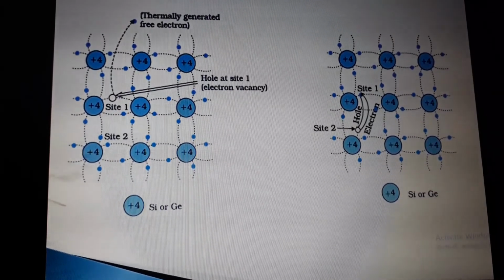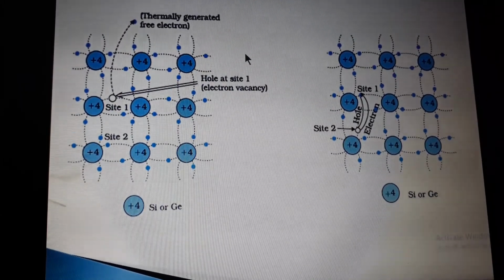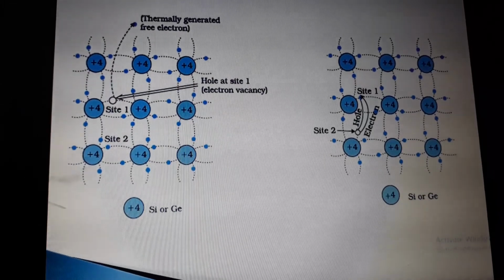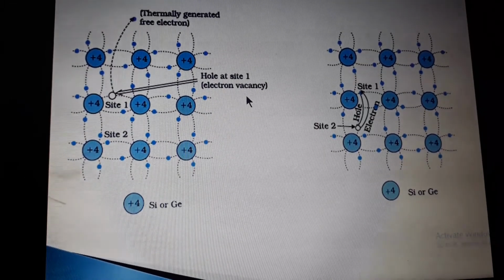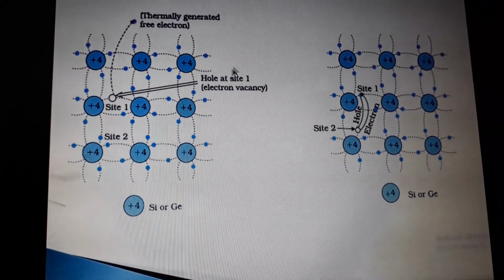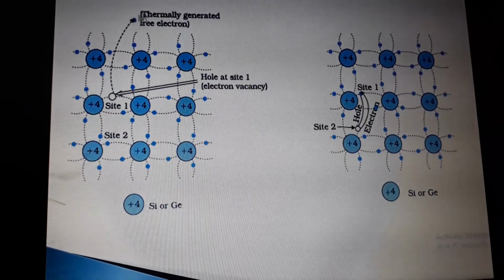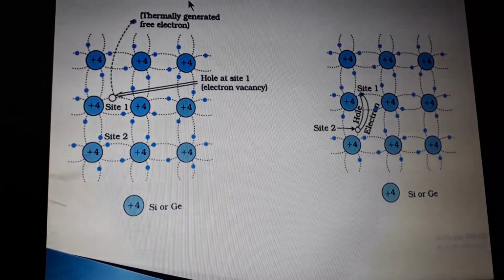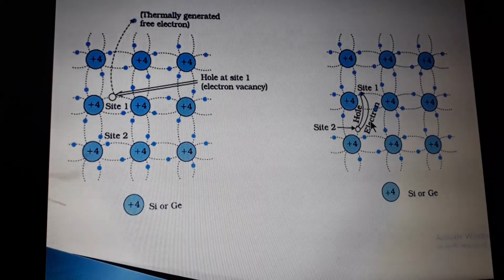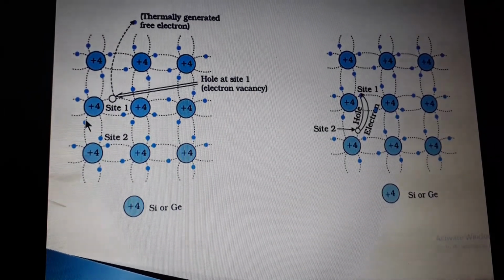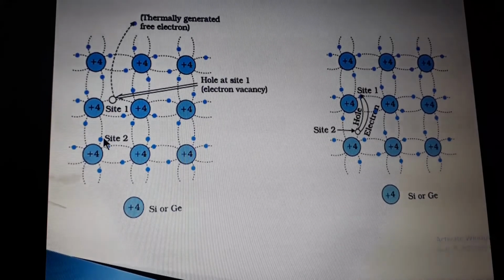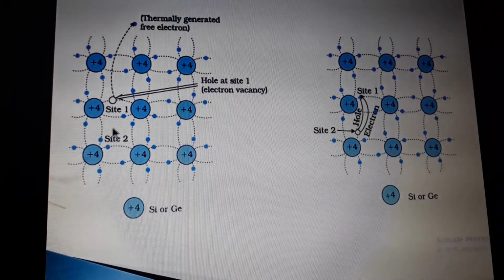Sometimes in the examinations, they ask what is a hole. Hole means deficiency of electron. Hole means positive charge and electron means negative charge. Now in the next figure, here there is positive charge and here negative charge. This negative charge is attracted to this hole, so this electron occupies this place.